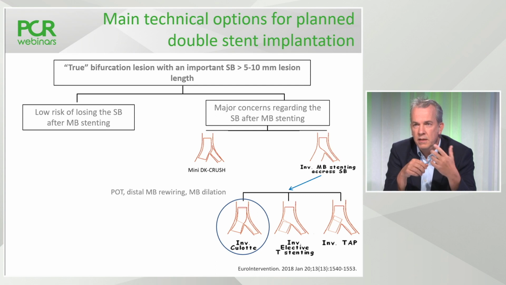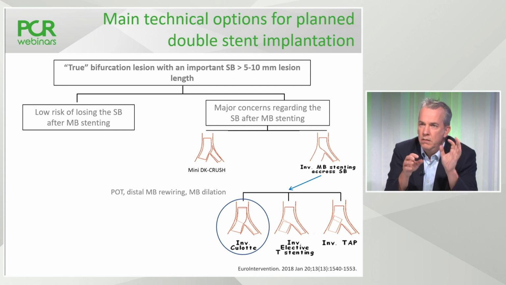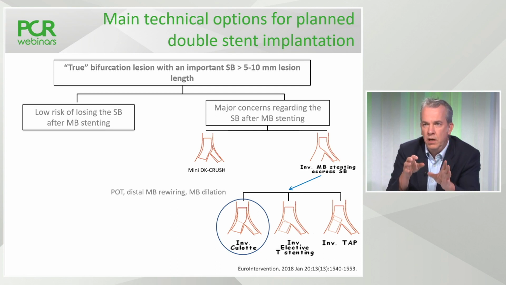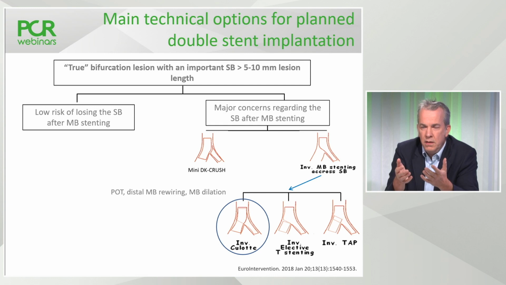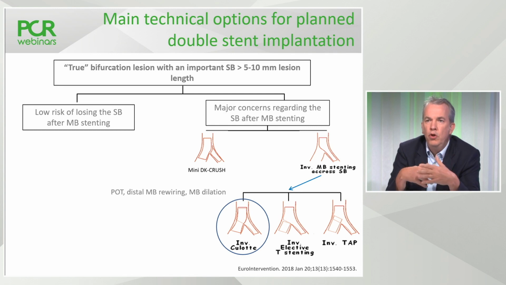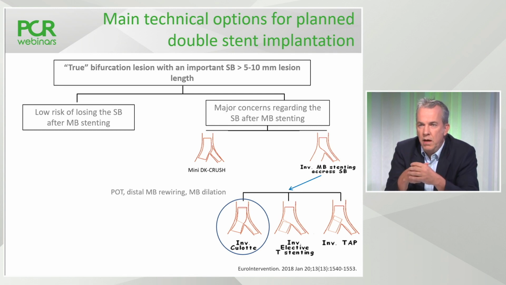This is similar anatomy: true bifurcation lesion, large side branch, long length of disease at the ostium. On this occasion, you do have concerns about either losing the side branch or not being able to rewire it once you've stented the main vessel.